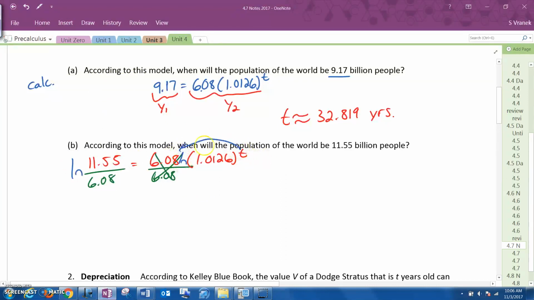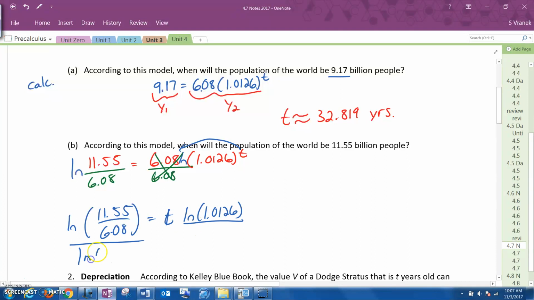So what happens is I get the natural log of this fraction equals t times the natural log of 1.0126. Then you just divide by this natural log here.